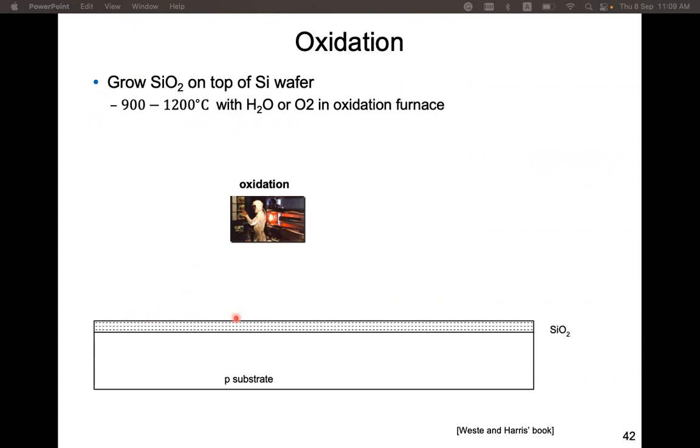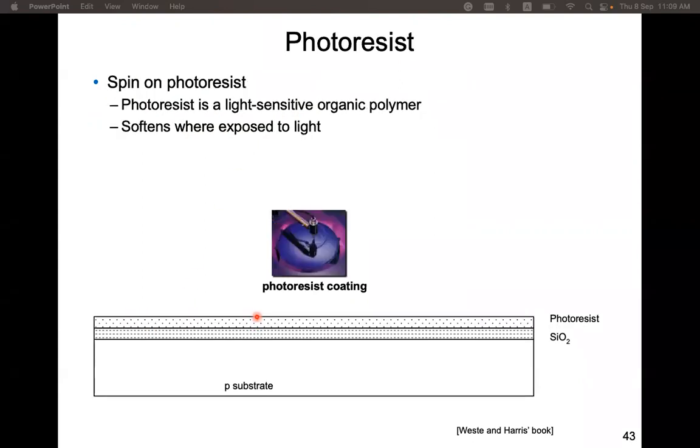So this thin layer is grown. Then we deposit a photoresist layer, spin-on photoresist. The photoresist is put on using this spinning process.